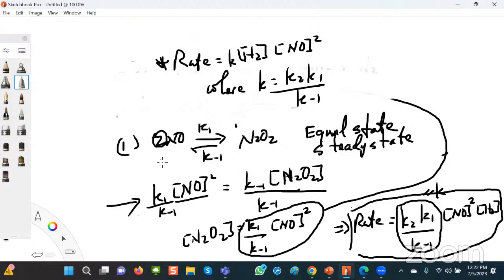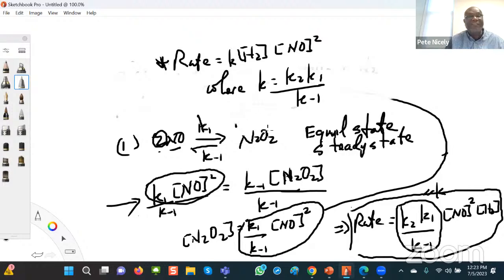Okay, so what I'm saying here is that the rate of the forward reaction in this step, which is K1 multiplied by NO squared, that's how I got this expression, is equal to the rate of the reverse reaction, which is K minus 1 N2O2, which is this right here. And again, let me emphasize that we're making an assumption that this would be an equilibrium state achieved in step number 1. So I hope that answers it.